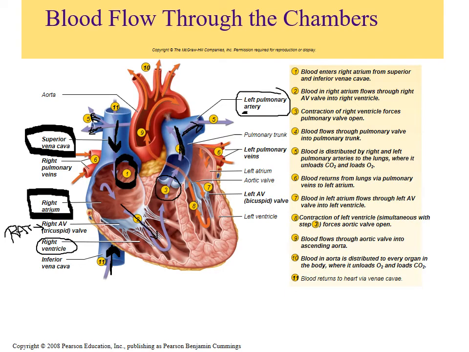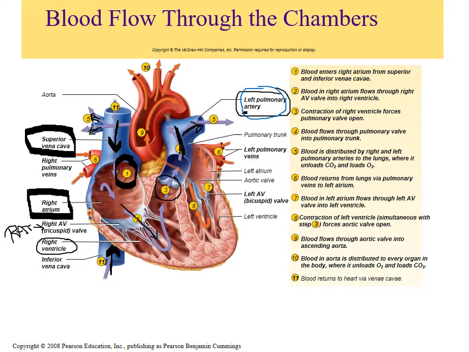Where is it going? It's going over to the lungs because we want to drop off CO2 and pick up oxygen. Do you notice anything different about the pulmonary arteries? They are blue, not red. Yes, why are they blue? Because they're carrying deoxygenated blood.